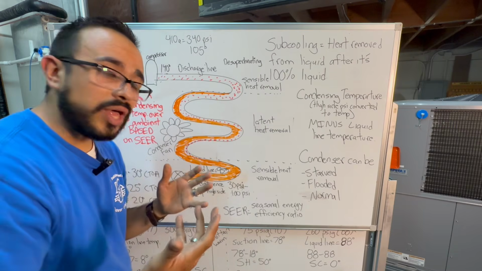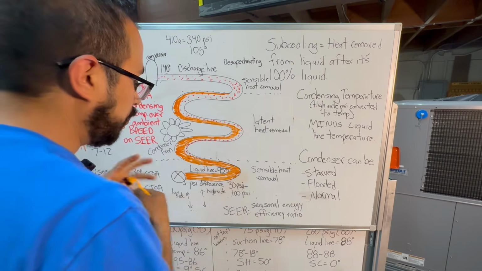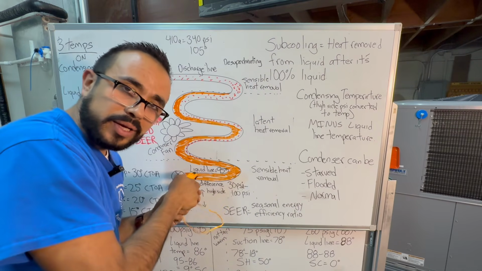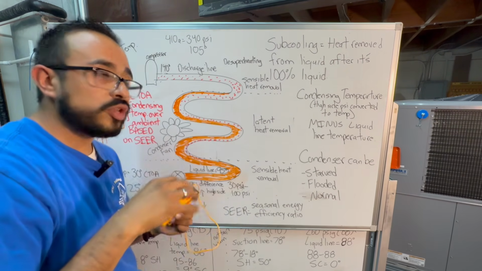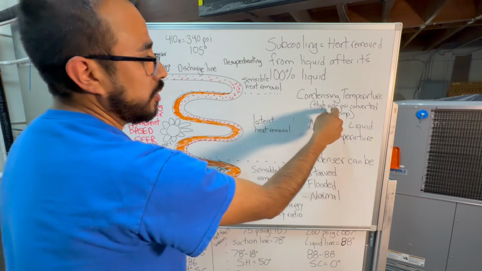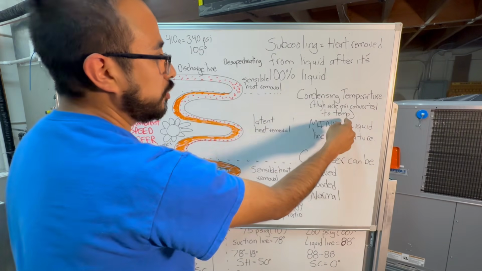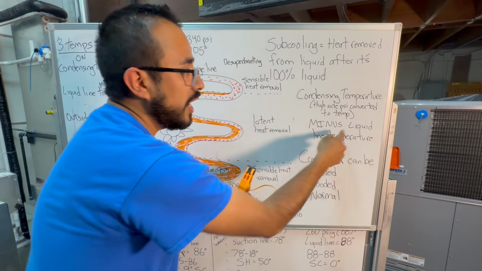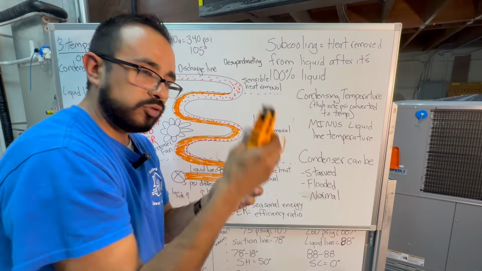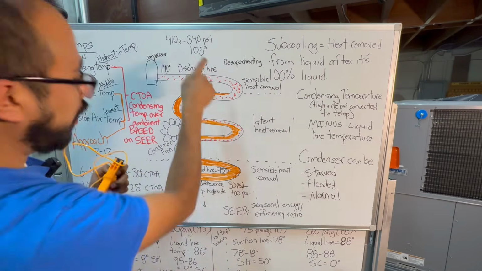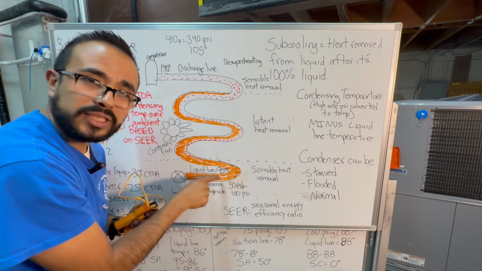The only way to do that is by getting a temperature clamp and putting it on the liquid line. And this is the formula: condensing temperature, which is the high side pressure converted to temperature, in this case 105, minus the liquid line temperature. So you put the clamp on the liquid line. In this case, it's 105 minus 95 liquid line temperature.